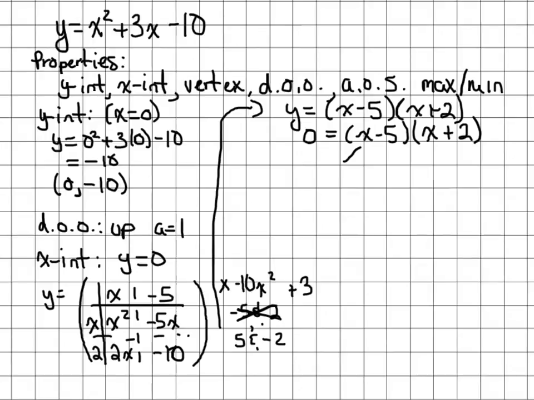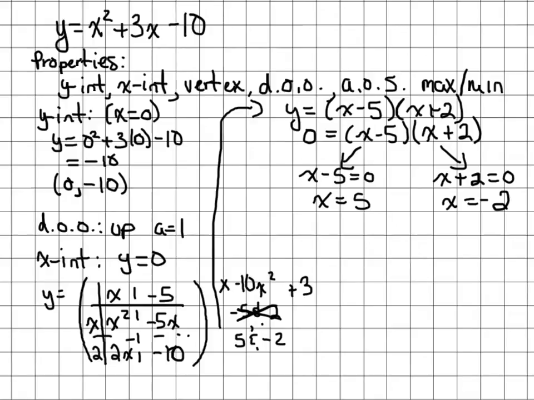So I set this factor to 0, so x minus 5 equals 0, and I set this factor to 0, x plus 2 equals 0, and I'm going to solve. So this is x equals 5, and this is x equals minus 2. And so those are my two x-intercepts.